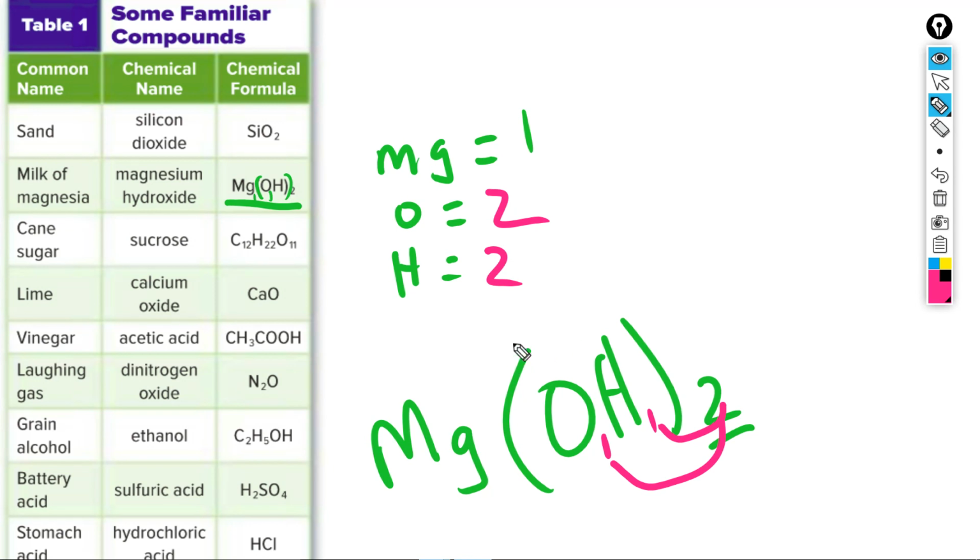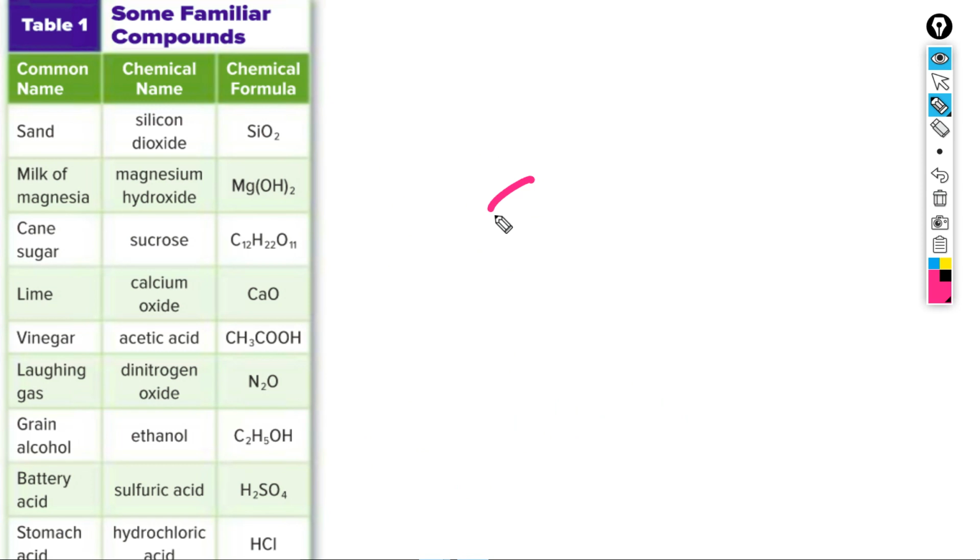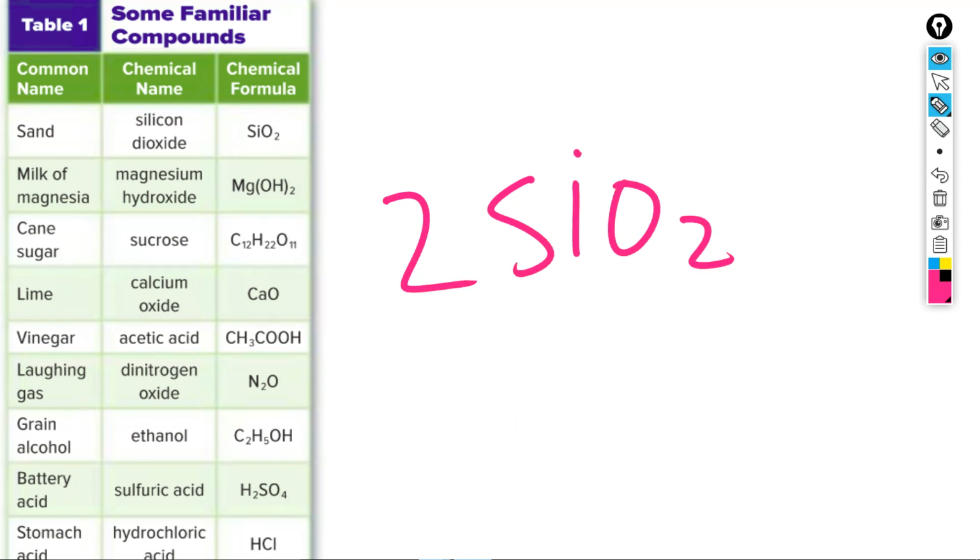So when you have parentheses, it applies only to those elements. When you have a number in front, if we go back and look at our first one, SiO2, if you have a coefficient, that applies to the whole compound. So you'd have Si equals 2, O equals 4. 2 times our 1 Si is 2. 2 times our 2 O's is 4 for our O's.